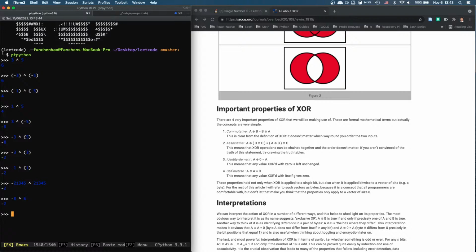I don't know. This is associative. Yeah, I know you're gonna do it with A, but here's the minus A.